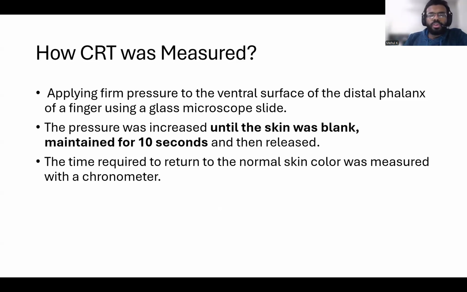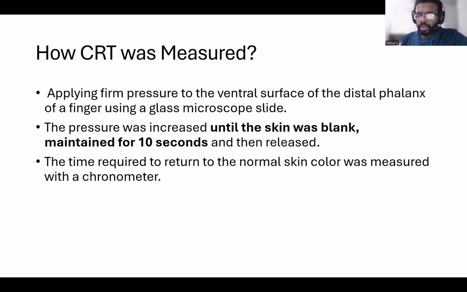They applied firm pressure to the ventral surface of the distal phalanx of one of the patient's fingers, pressed it with a glass slide until it was blanching, maintained it for 10 seconds and then released. Then they measured the time to return to normal skin color. This is a bit more complicated than what we usually do to measure a CRT.